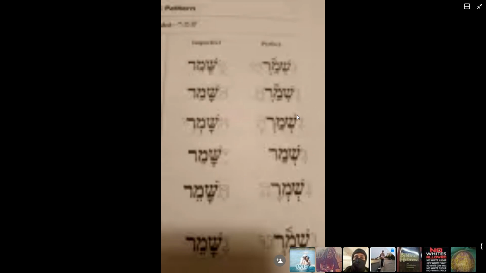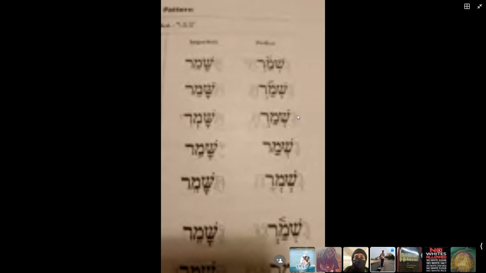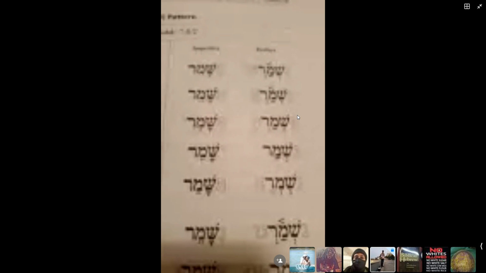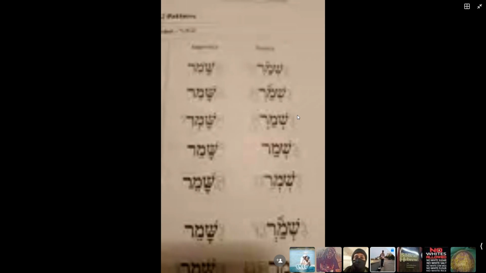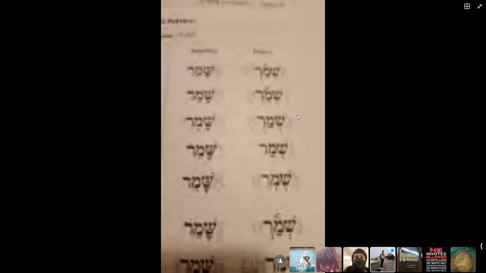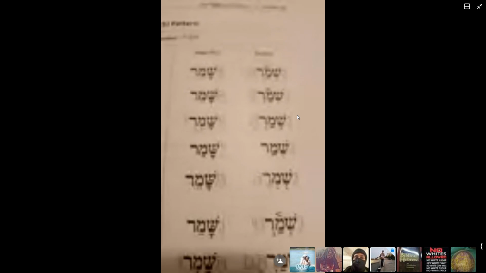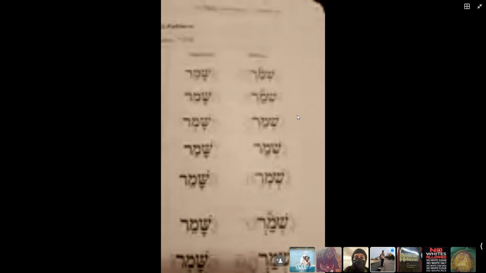Now, granted, this book does not, as you all know, cover every binyan. It leaves off the pual and the hofal, because those two in conversation are very rarely used, not to say that they're not important, and not to say they're not used, because they are. You'll see a lot of nouns branching off of the pual verb stem, right?